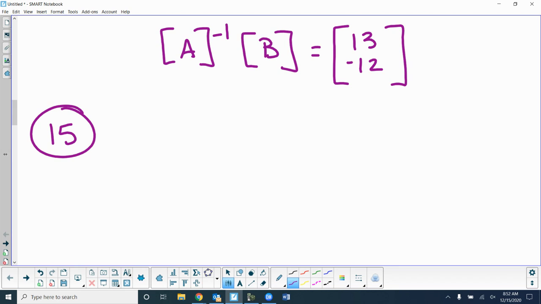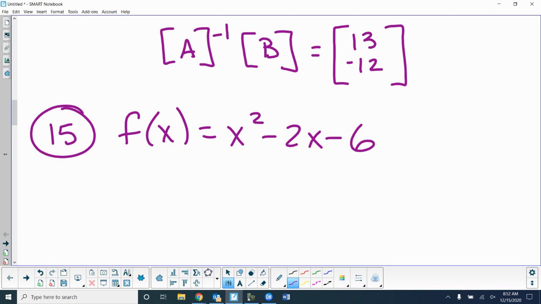All right, so for 15, this is parabola stuff. We have a quadratic function, because it's x squared, a quadratic trinomial, right? Stuff we were talking about in chapter 6.